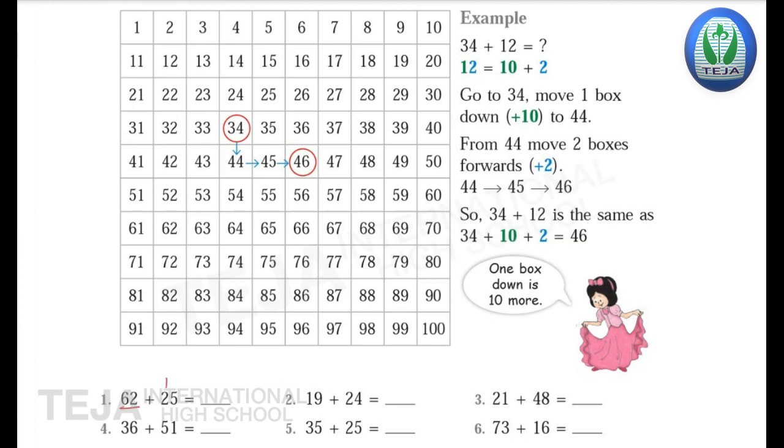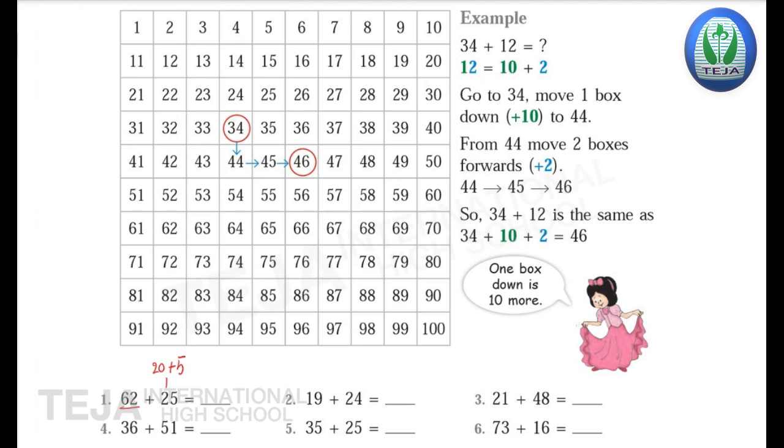So 25 can be written as 20 plus 5. So how many boxes do we have to move down, children? When we come down one box, it is increased by 10. If we move down 2 boxes, then we increase by 2 times 10, that is 20.